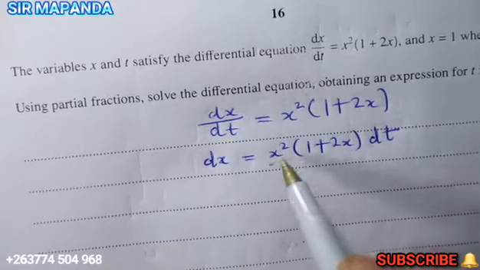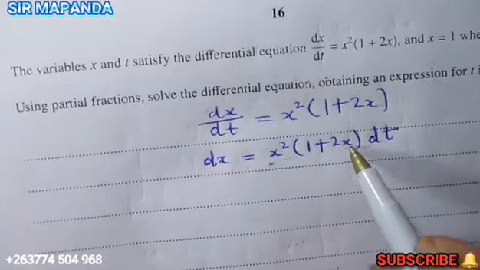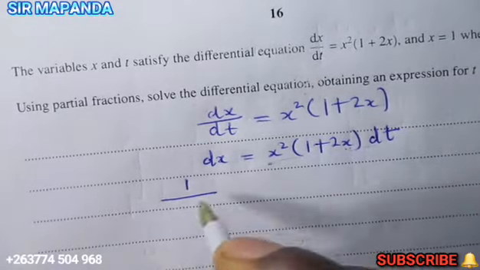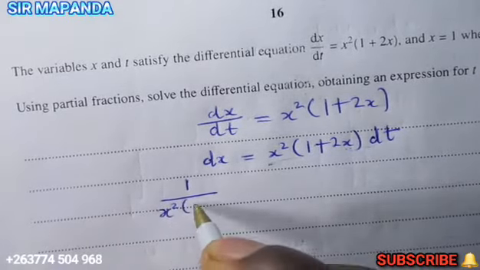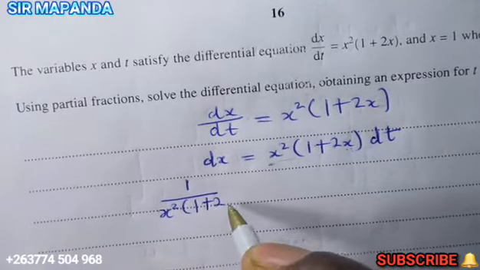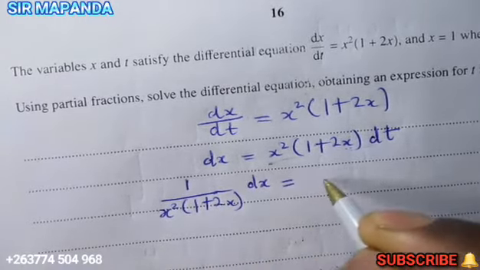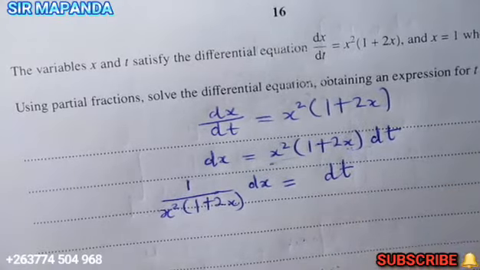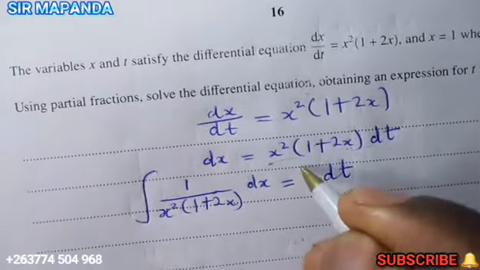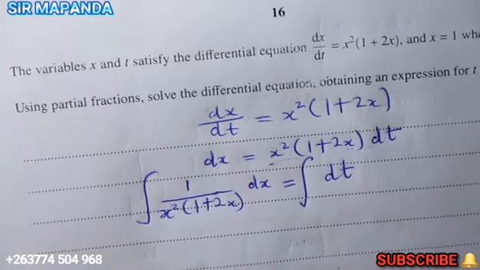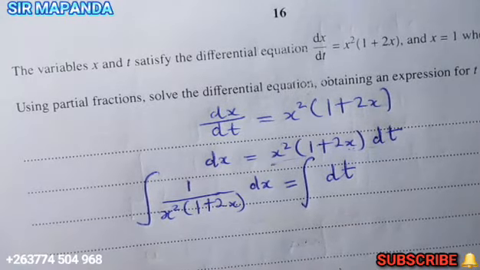Divide both sides by x squared 1 plus 2x. You get 1 over x squared 1 plus 2x dx, then you'll be left with the dt on the right side. After that, introduce integral signs both sides. So we want to make use of partial fractions, right?